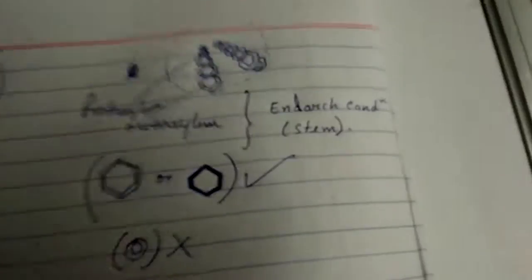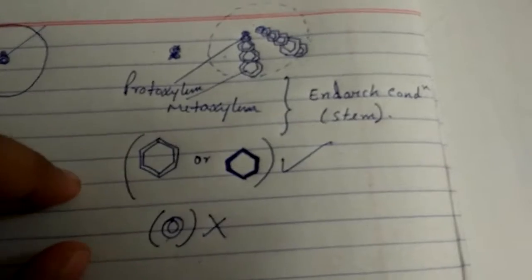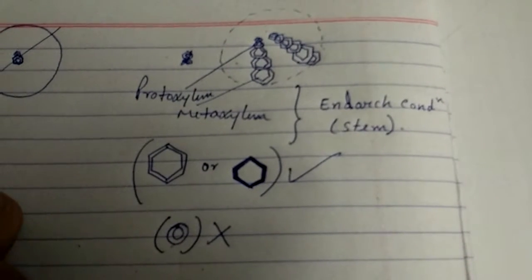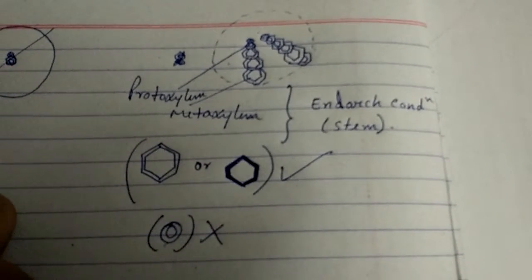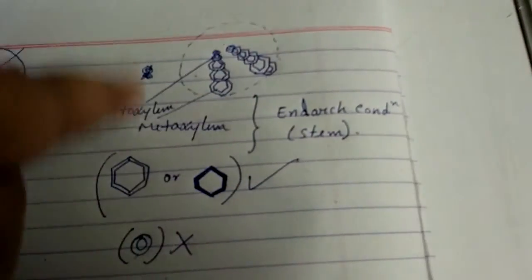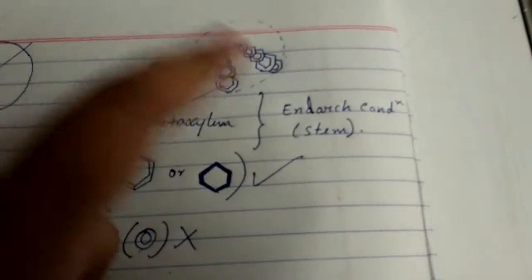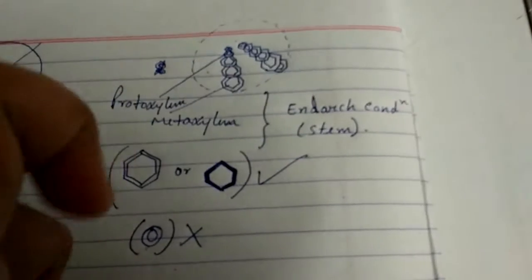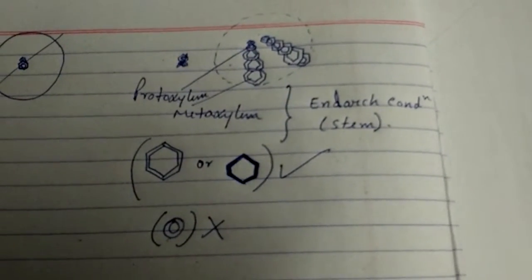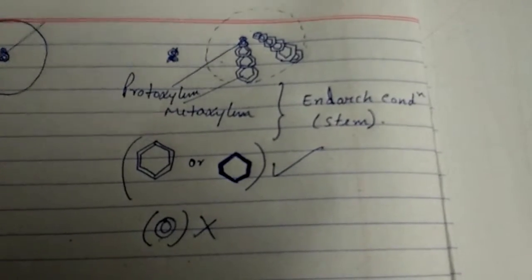Now I have drawn here something very important to represent the endarch condition. So this is a vascular bundle and towards the center there are many xylems. I have drawn only two just to show you the arrangement, the pattern, the shape of protoxylem and metaxylem.